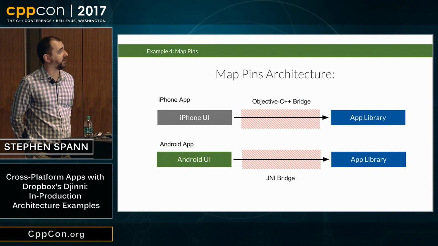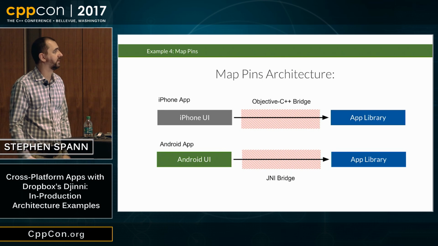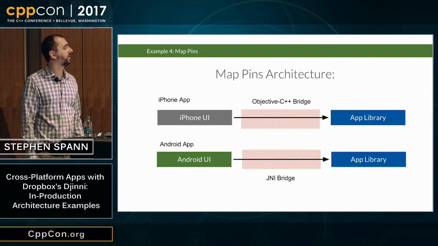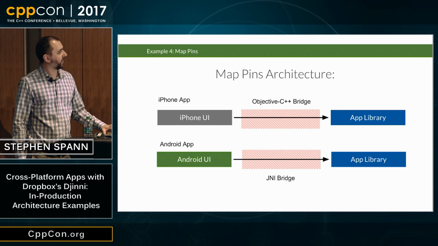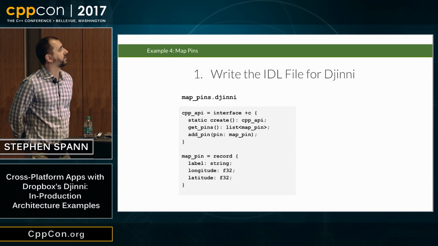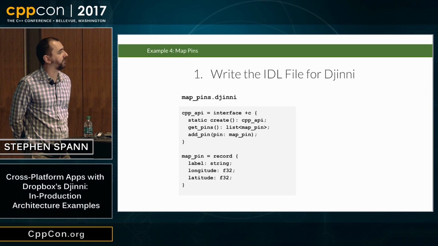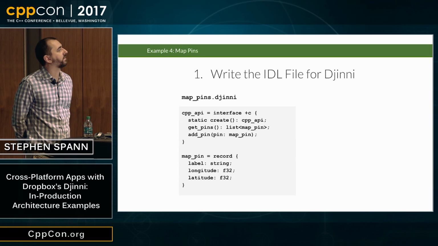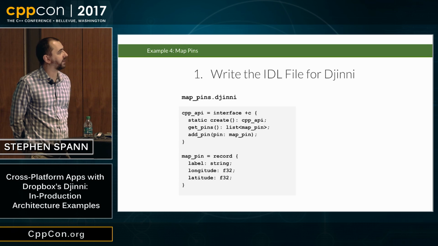Our architecture is pretty similar to the Hello World. We don't need to go back to Android or iPhone at this point. In the IDL file, we have our API, much like we did before, create, and we have two methods, getPins and addPin.